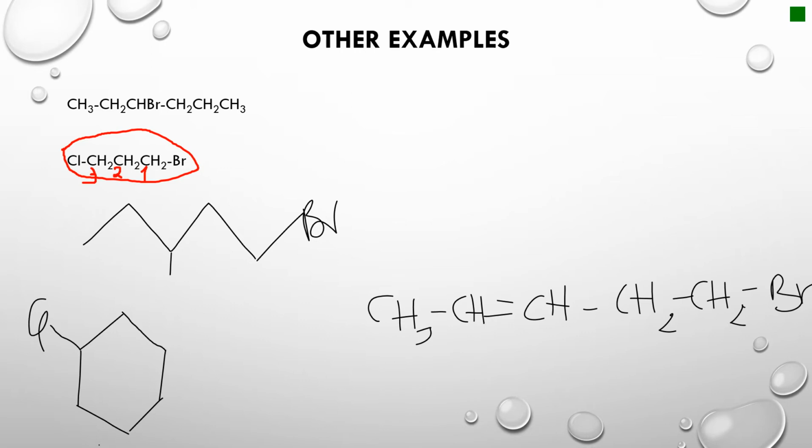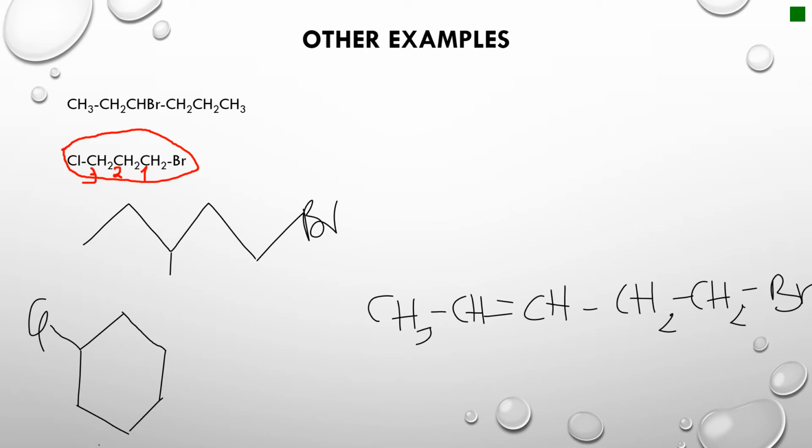So after numbering the chain, we can now construct the name by writing the position. Again, when you are listing the names of halogens, you have to list them alphabetically. We saw it in the rules on the previous slide.